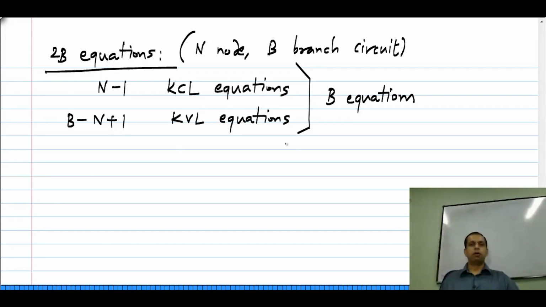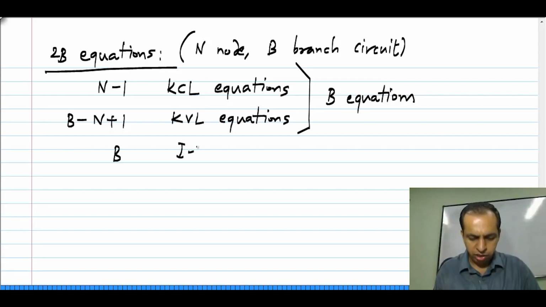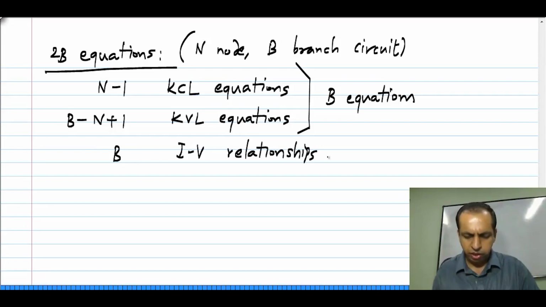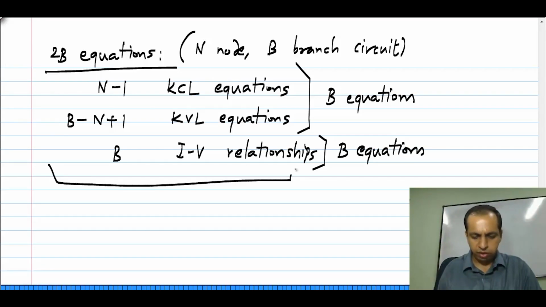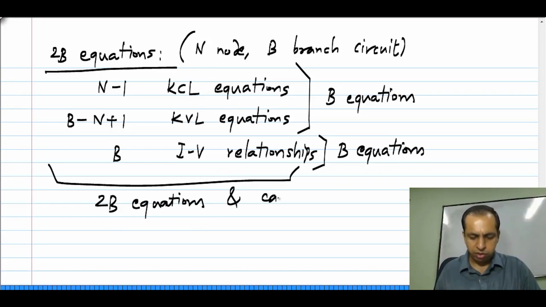And also we have B branches. So, each branch will have its current voltage relationship. So, we have B IV relationships, which give you B more equations. So, together we have 2B equations, and by solving these we can solve for 2B variables.